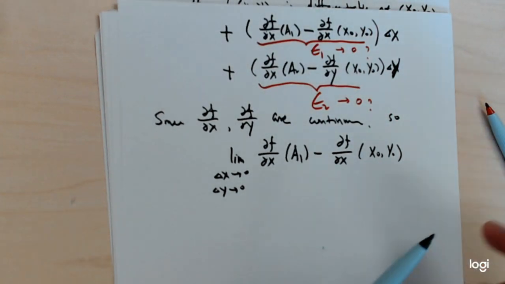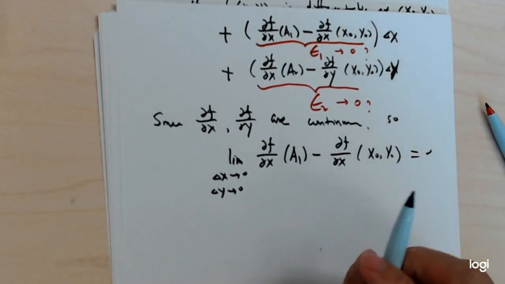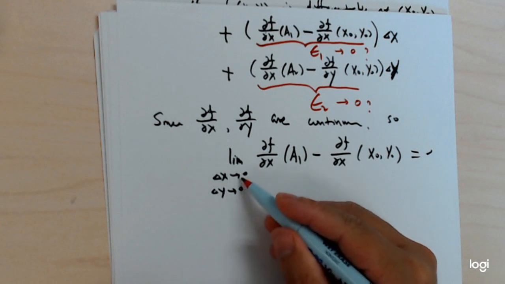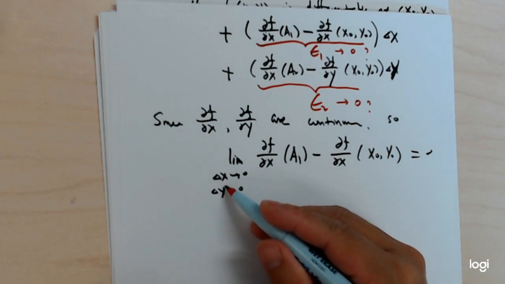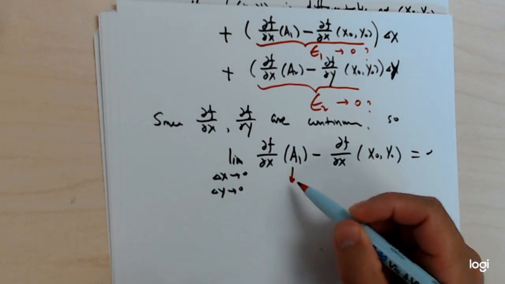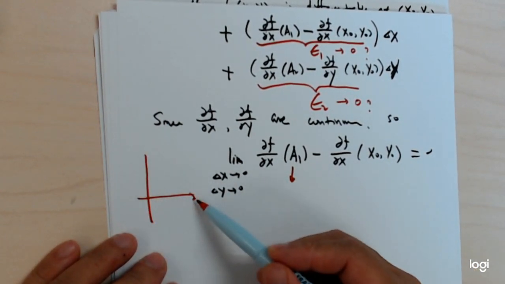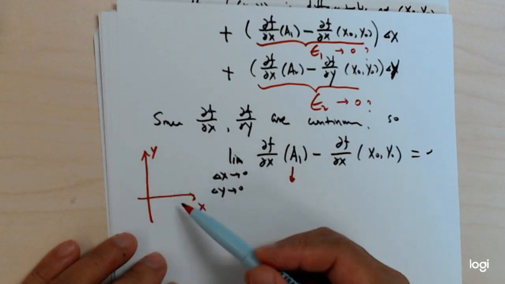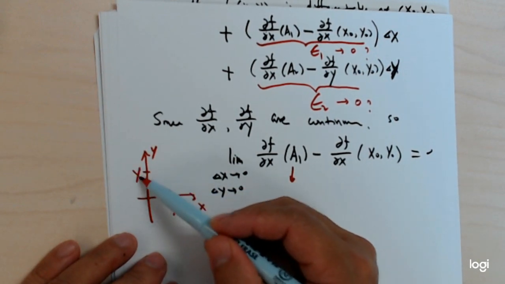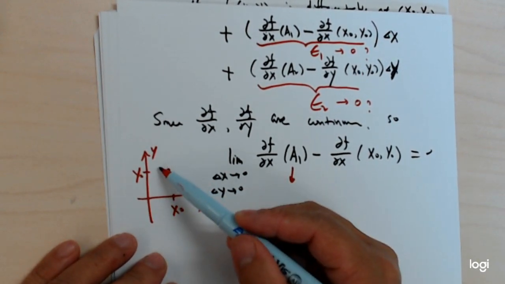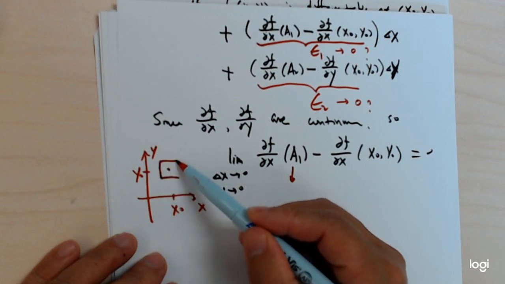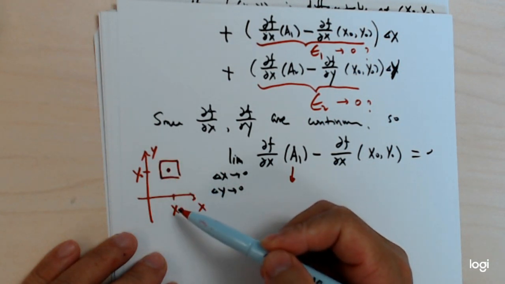For those who are wondering why this implies this goes to 0, keep in mind this point. So here's x, here's y, here's x naught, y naught. We have a neighborhood surrounding x naught, y naught.